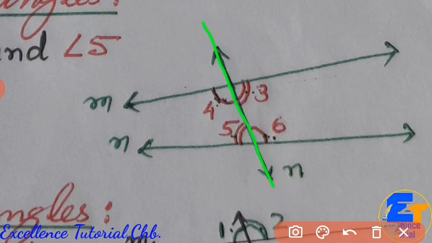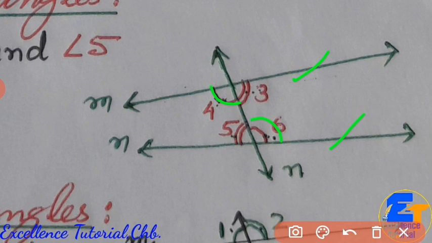As I told you, alternate interior angles always lie on either side of the transversal. This is our transversal and we have named this transversal N. So alternate interior angles always lie on either side of the transversal and between these two straight lines M and N. If you take angle 4, the alternate pair of angle 4 will be angle 6.